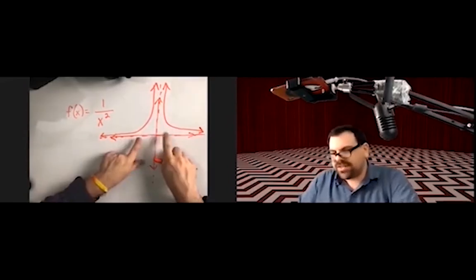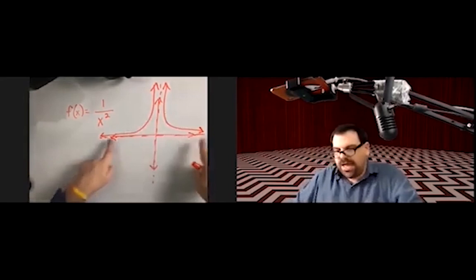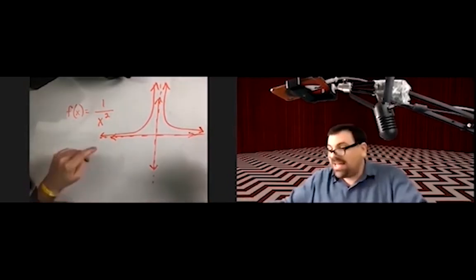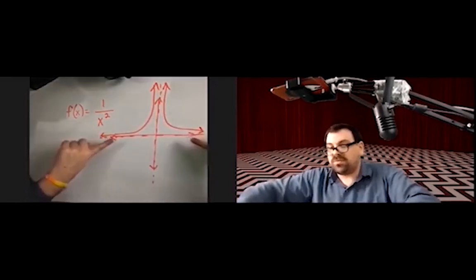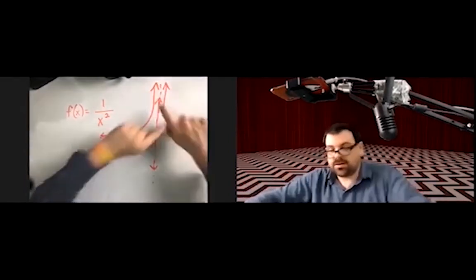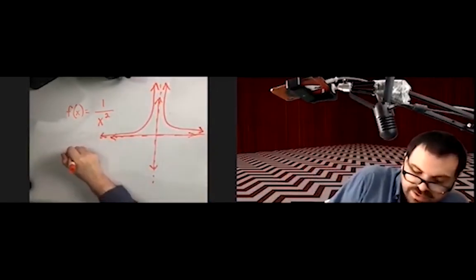So as x approaches infinity and as x approaches negative infinity, f of x approaches 0. But as x approaches 0 from either the left or the right, f of x approaches positive infinity.